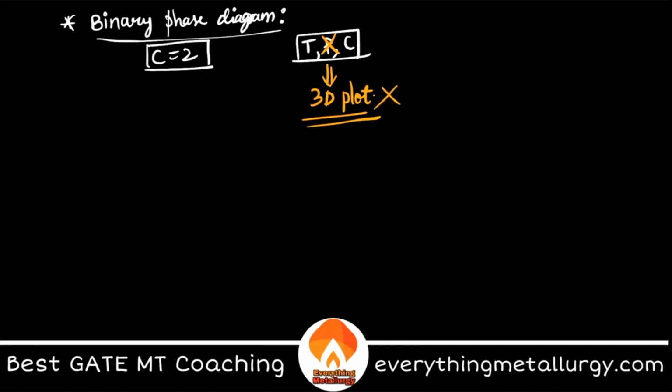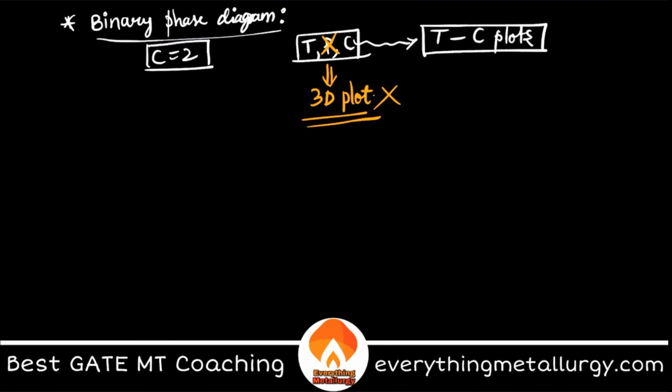To avoid that confusion, and because most metallurgical processes happen at a pressure of 1 atmosphere, the pressure is ignored and you get temperature-concentration plots.